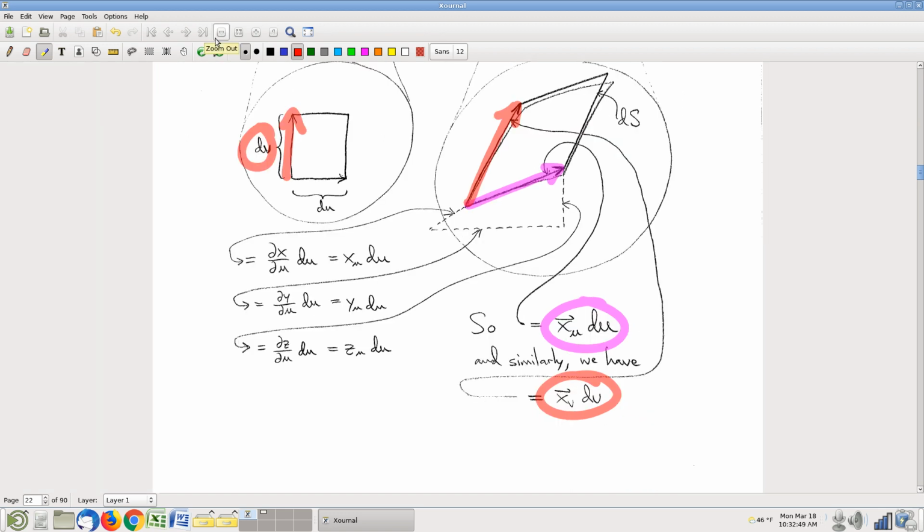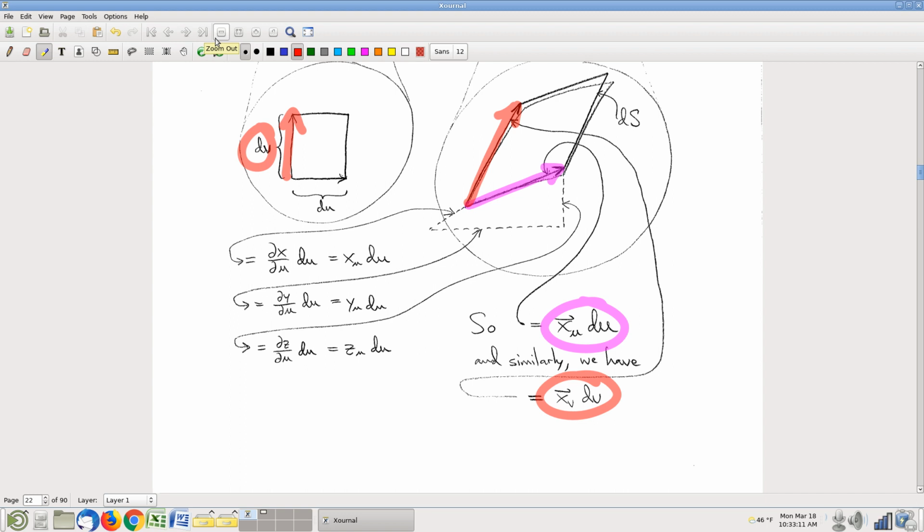I'm going to leave those details as an exercise for y'all to think through on your own. This is a nice practice problem. Again, to make sure you really understand the argument that we just went through in the u direction, digest it, make sure you're comfortable with it, then set it aside, pull out a blank sheet of paper, and reproduce that argument in the v direction. Make sure that makes sense.